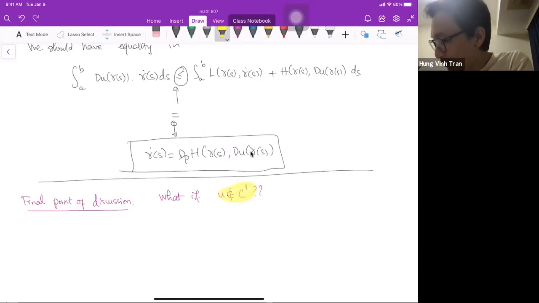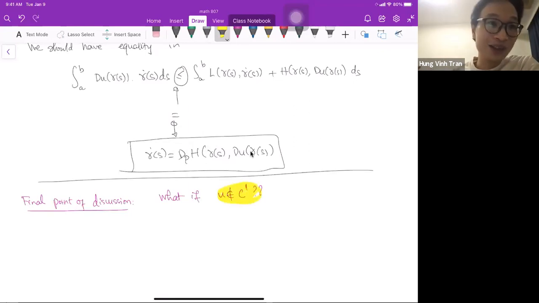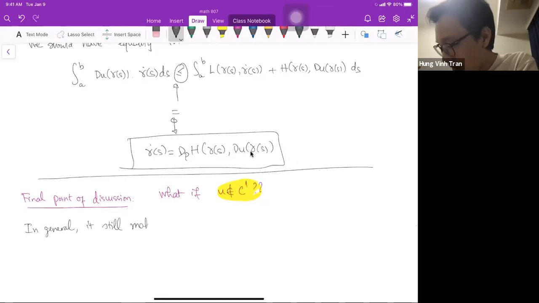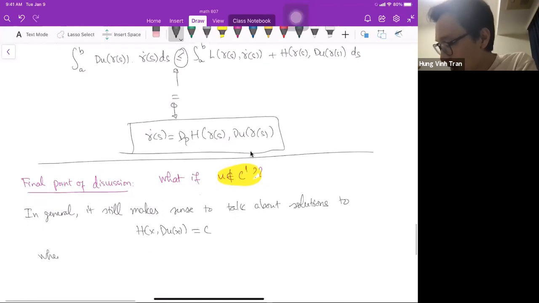Again, it's going to take us a long time to get here. But in general, it still makes sense to talk about solutions to the equation H(x, Du) = c, where u is only Lipschitz.